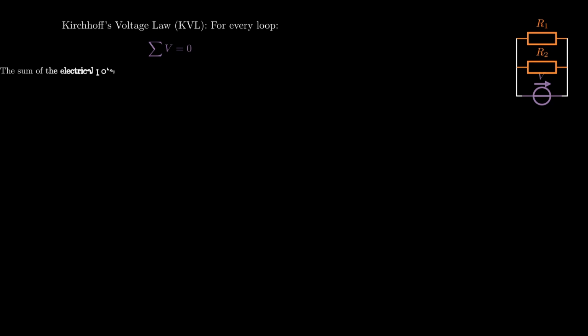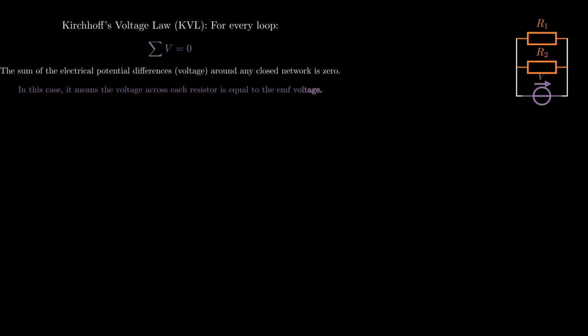Kirchhoff's voltage law here tells us that the voltage across each resistor is equal to the EMF voltage. And Kirchhoff's current law tells us that the current splits at the branching to I1 and I2.